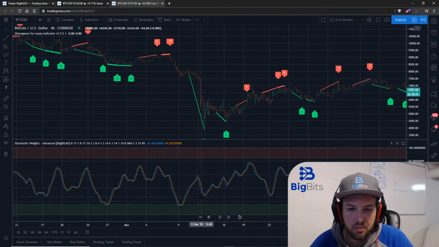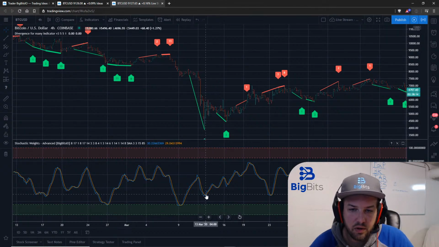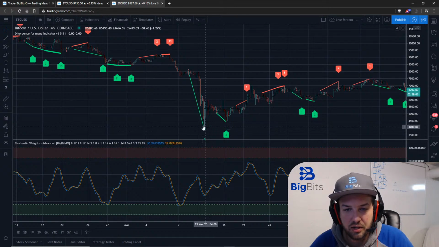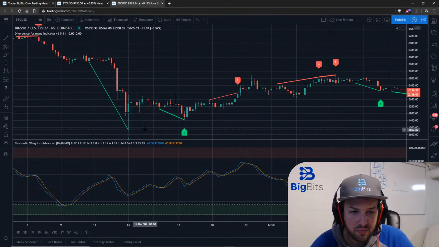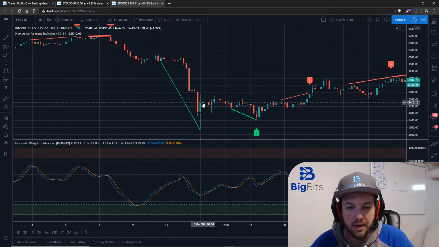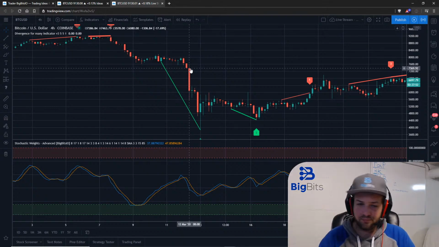So as the indicator goes up and the price goes down, we're going to want to wait till a crossover occurs here to buy, and that could signal that trend change. Now this one was kind of tough because it did kind of consolidate after that, but you would have been in much better position if you waited till this candle, as opposed to if you had tried to start buying up here when it first started to diverge.